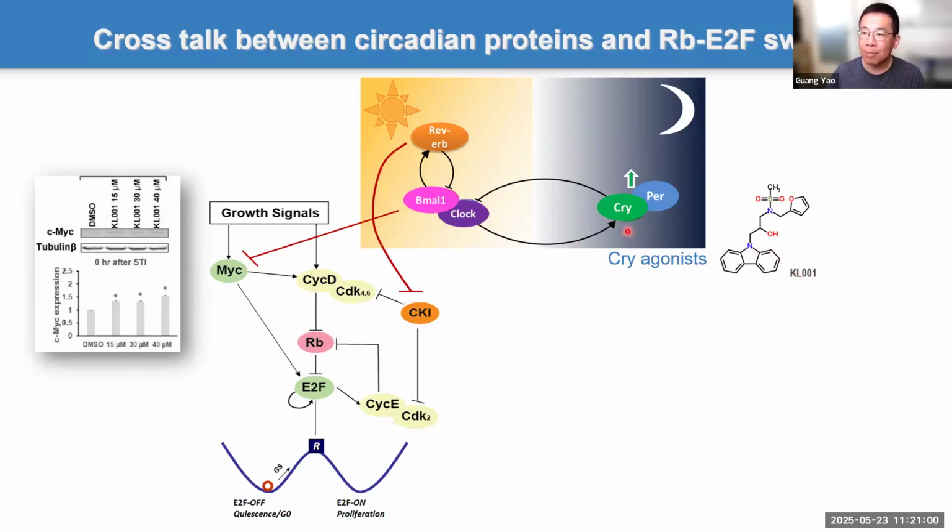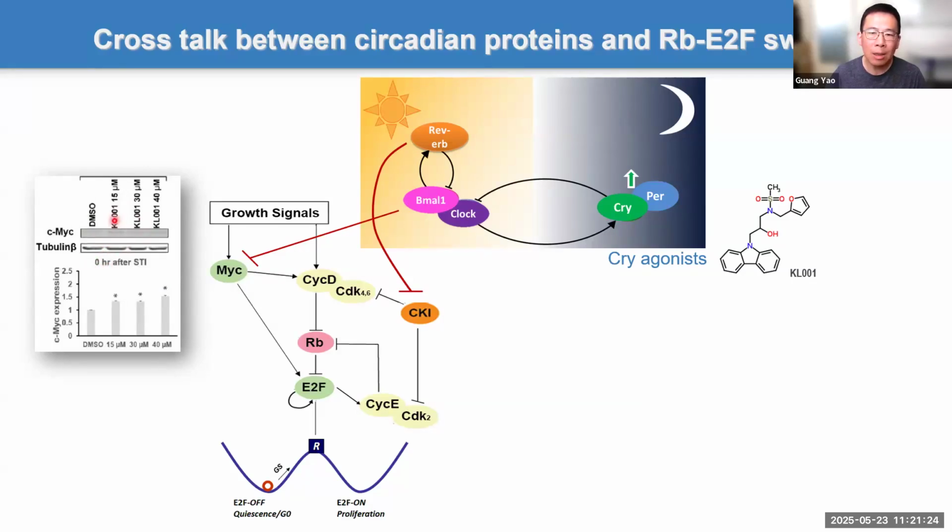It has high-affinity binding to CRY and activates CRY activity. Because CRY represses BMAL1, and BMAL1 represses MYC, we think that if we activate CRY in quiescent cells, then MYC may be upregulated. That's what we saw here in our fibroblast cells.